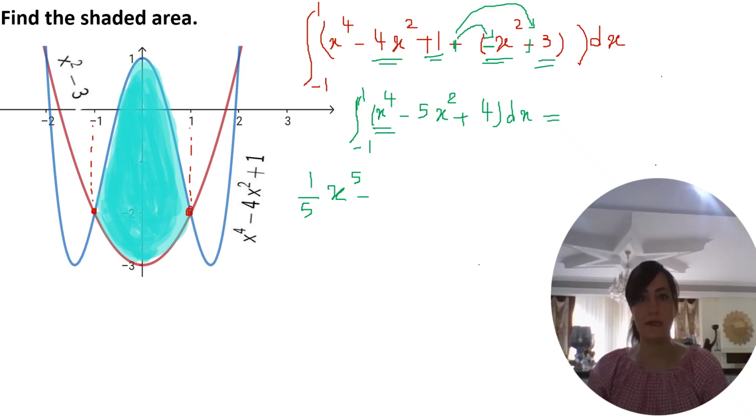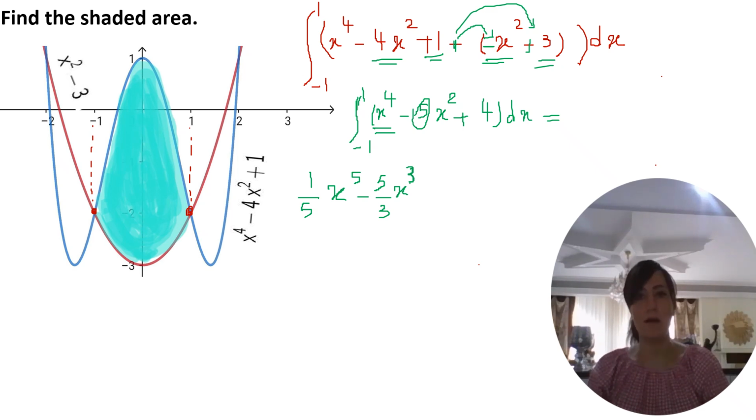For the next one, x to the power of 2, I add 1 to the power, x to the power of 3, bring the 3 to the denominator, and put the coefficient 5 as a numerator.